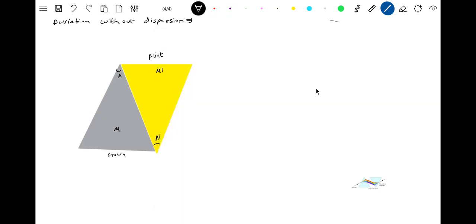So when a white light is incident, so first the red, then this will be the violet.